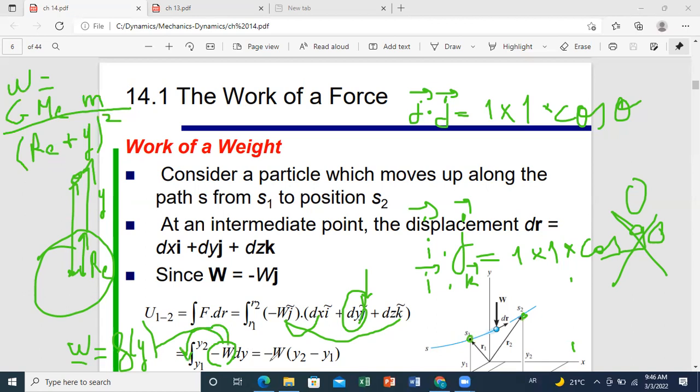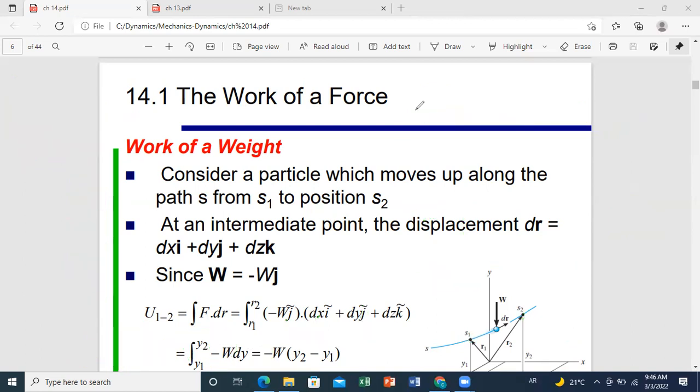And why do we have the minus? Because if we do a small interpretation, if I go from 1 to 2, so if I move upward, delta y is positive. And as I move upward and the weight is down, the weight will oppose my motion or will help my motion? Oppose.